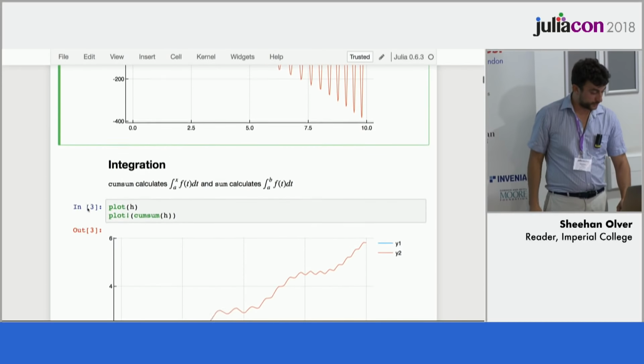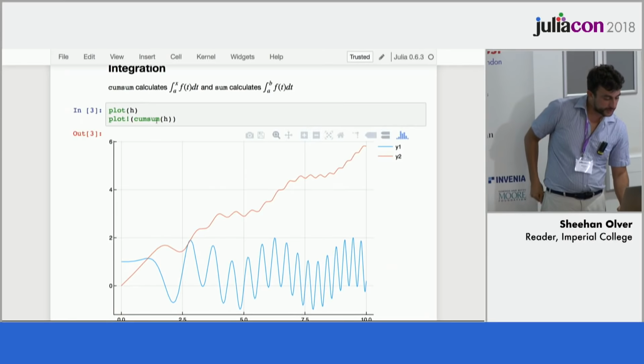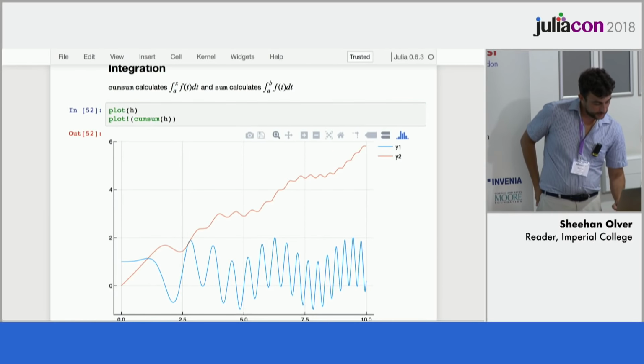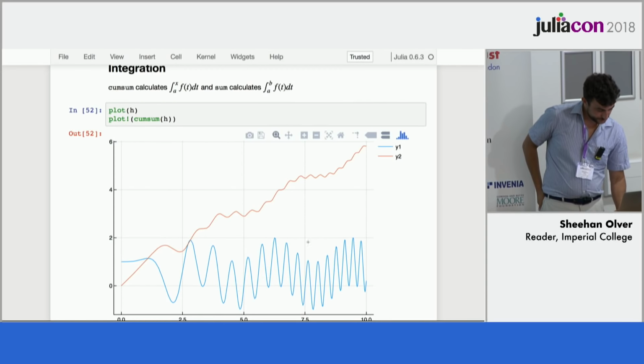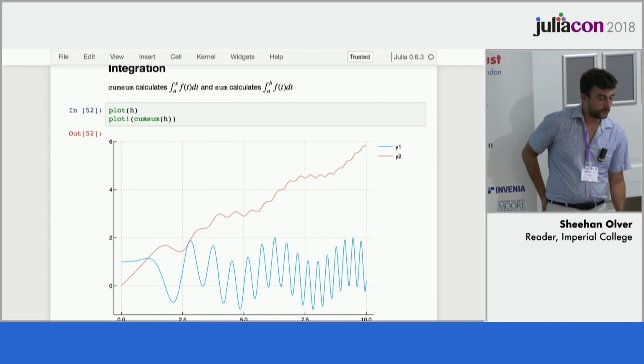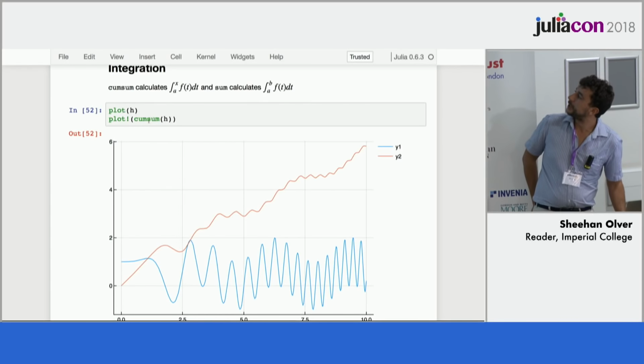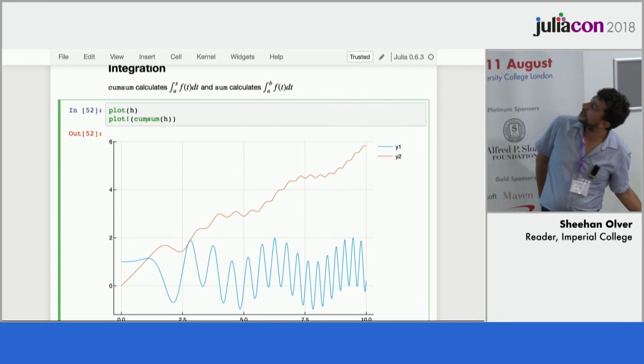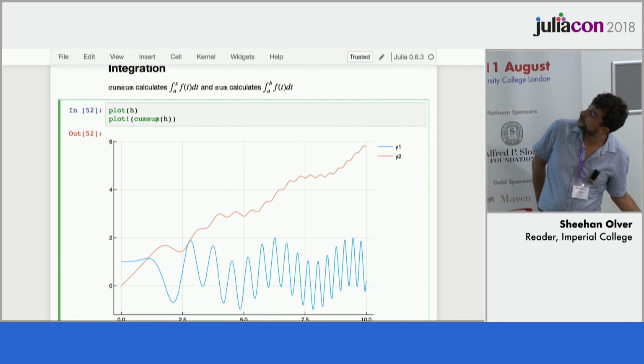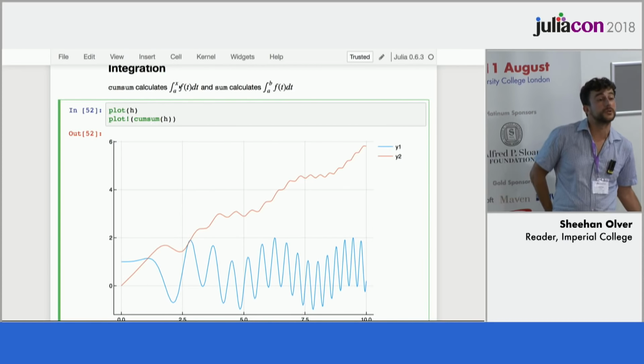Another example is integration. Here I've plotted h and the indefinite integral of h. This is sort of an anachronism, but I've overloaded cumsum of h to mean the indefinite integral of h.